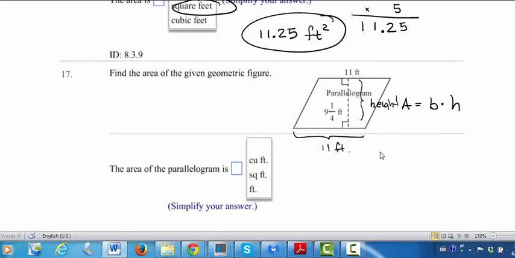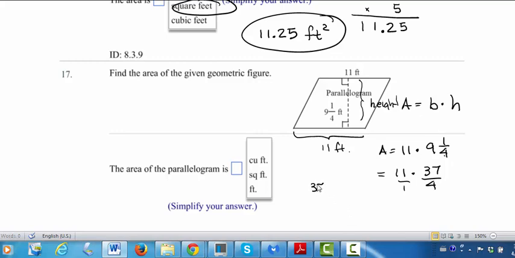So my area is simply going to be 11 times 9 1/4. And I would convert this 9 1/4 to an improper fraction. So I have 11 times 37/4, the same as 11 over 1.